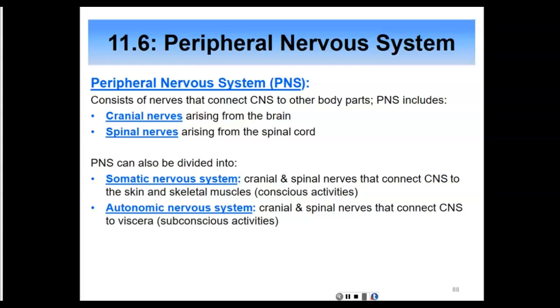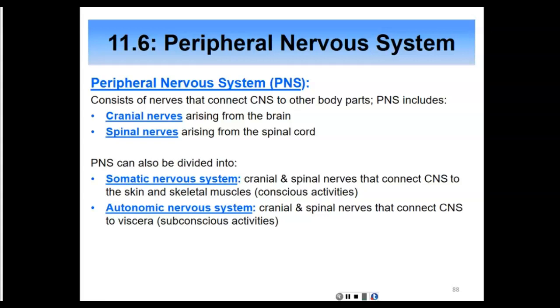First, let's just talk about the two major parts of the peripheral nervous system. That is our cranial nerves and our spinal nerves. Cranial is going to be in the head, so arising from the brain. Spinal is arising from the spinal cord. Pretty self-explanatory there. The PNS, or peripheral nervous system, you can divide further into the somatic nervous system and the autonomic.